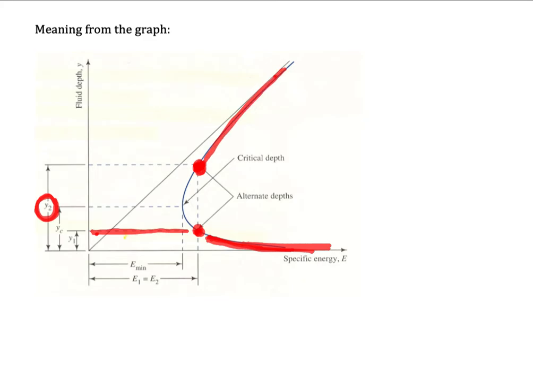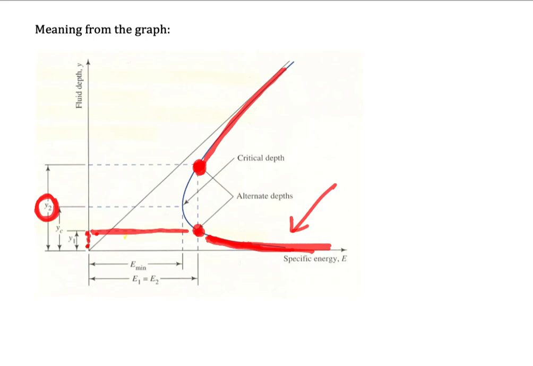Because the energy increases rapidly here, a phenomenon called the hydraulic jump will occur. The hydraulic jump means the energy is higher here, but the value of Y is actually lower and lower, so it does not fulfill the idea of the continuity equation.